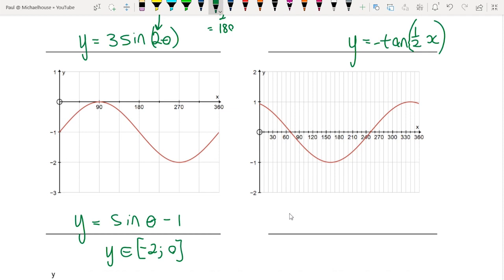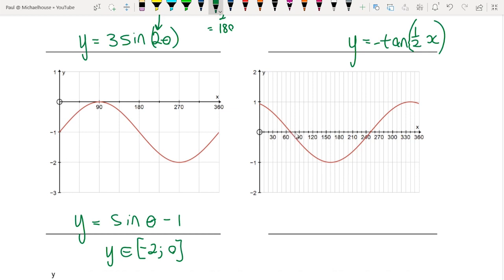This next one looks very much to me like a cos graph, okay? Again, the period doesn't seem to have been affected. By the time we get to 360 degrees, we've done a full cycle, but it does seem that it hasn't started, normally a cos graph would start at 0, 1, right? And it would hit the x-axis for the first time at 90 degrees.